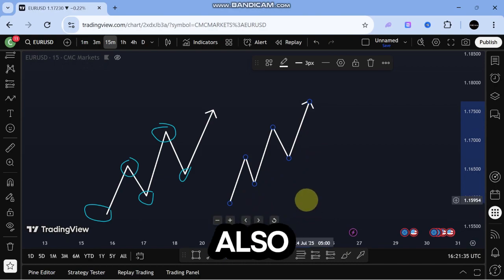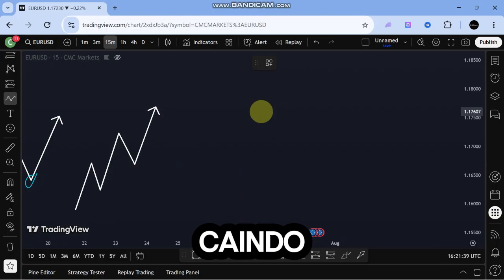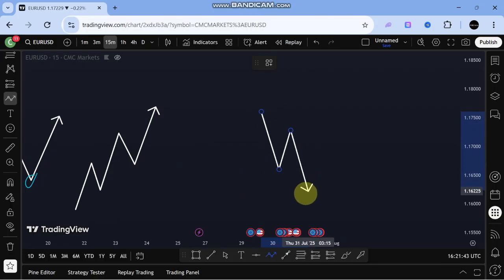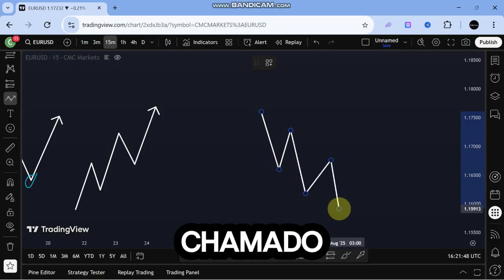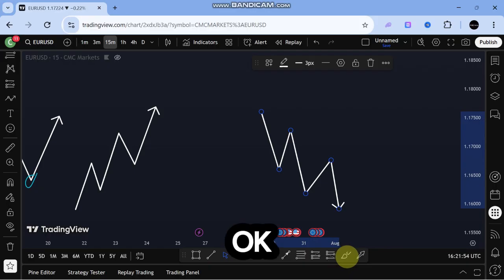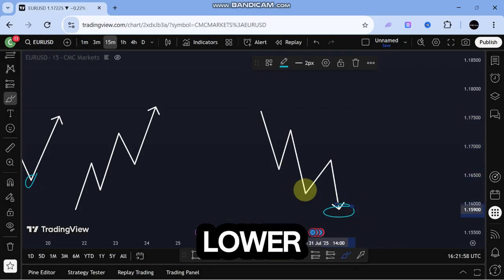Also, if you see that price is going down like this, in this direction, the market is in a downtrend, and this is called a series of lower lows and lower highs. If you check very well, this right here is a low, and this low is lower than this low.